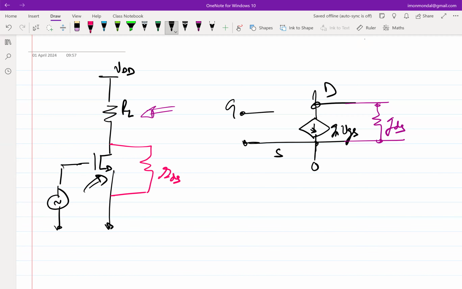So what we saw was, if we assume this symbol to be an ideal VCCS, this current becomes GM times VI or VGS. On deeper inspection, we saw that the issue was this current was getting divided between its own incremental RDS and the RL.